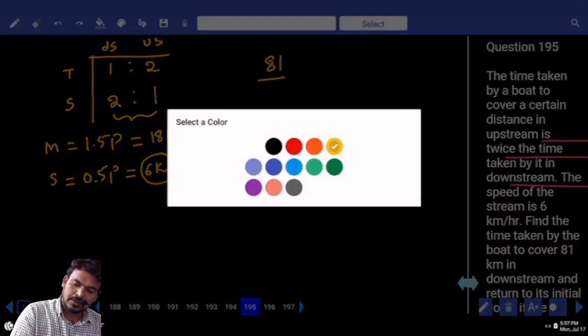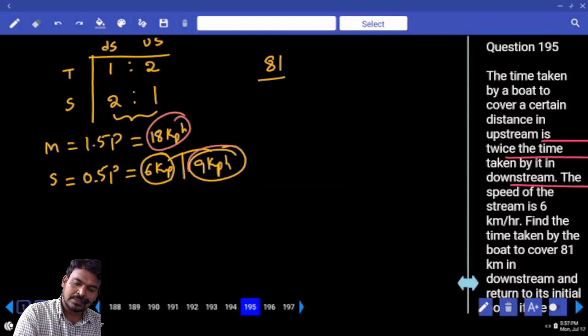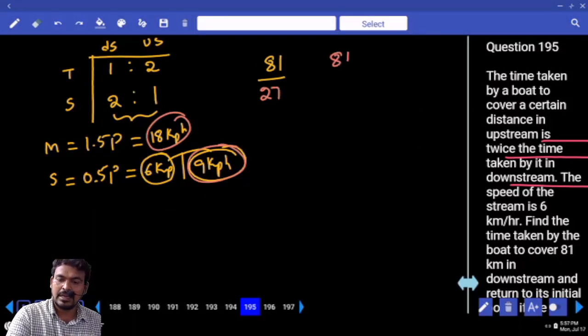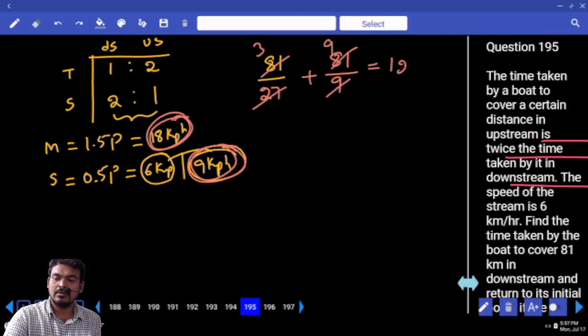What is the speed in downstream? 18 plus 9. How much? 27. And another case 81 kilometers, but upstream or downstream? Upstream. 18 minus 9 means 9. These two times added, we get the total time. 27 3 times, 9 9 times, 9 plus 3, 12 hours.